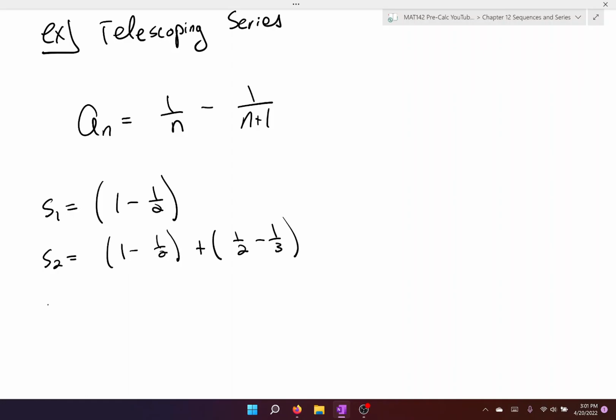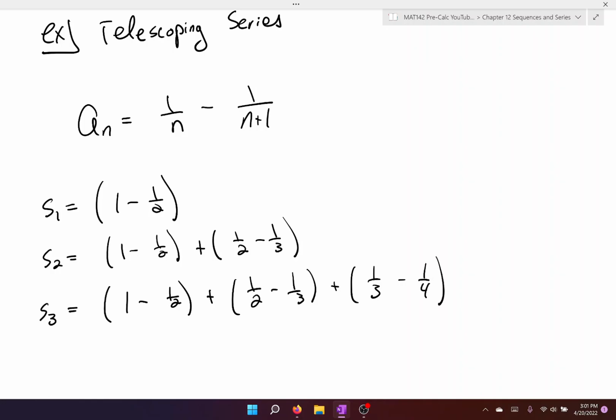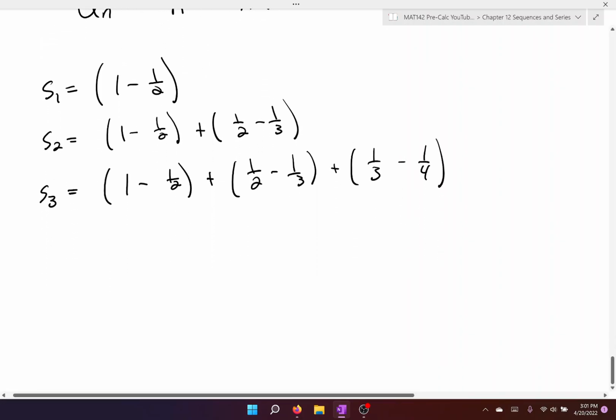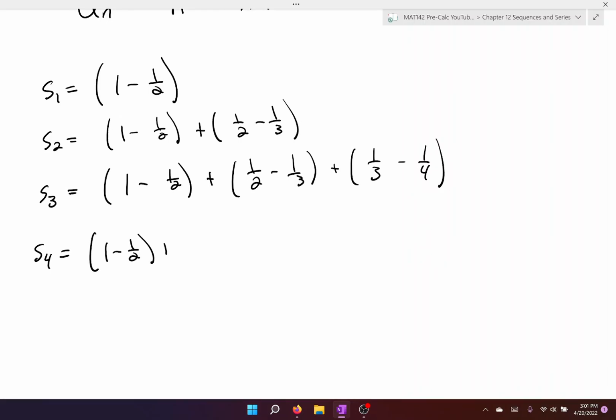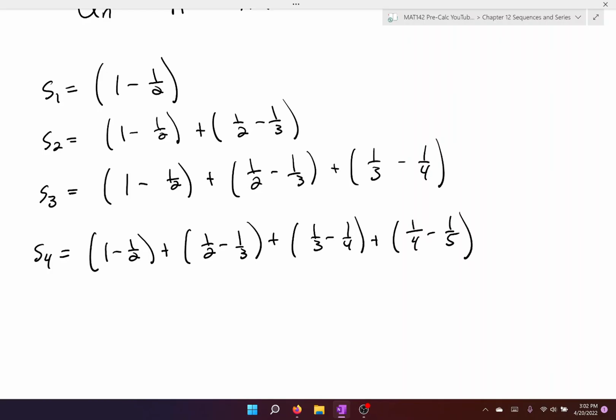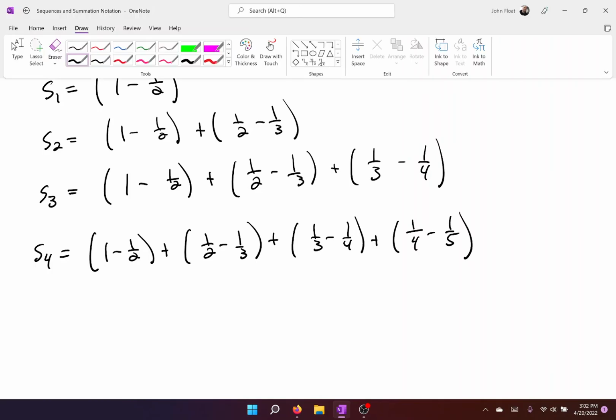The third one is going to be 1 minus 1 half plus 1 half minus 1/3 plus 1/3 minus 1/4. And I'm going to do one more. Our fourth partial sum is going to be 1 minus 1 half plus 1 half minus 1/3 plus 1/3 minus 1/4 plus 1/4 minus 1/5.